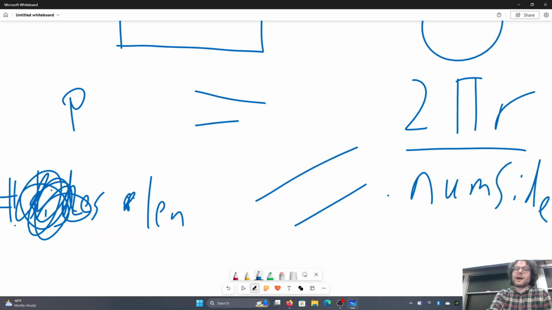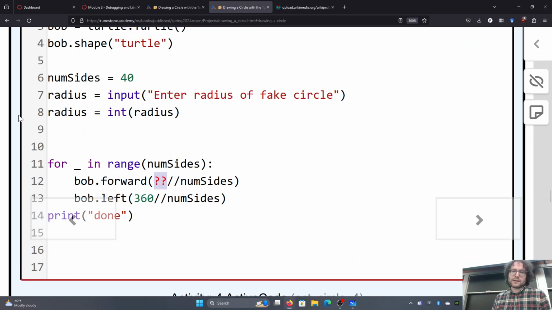So the total amount I want the turtle to move each time in the for loop is that amount: 2 pi r divided by the number of sides. We have the number of sides, we have the radius, and we have 2, and then I don't have a pi on my keyboard, so I'm just going to approximate it.